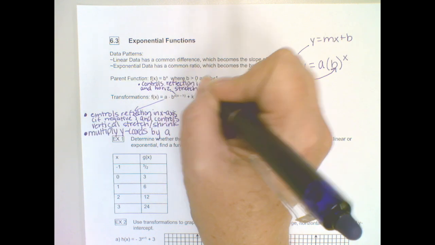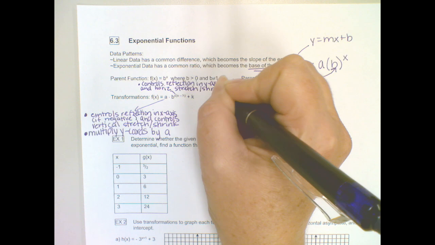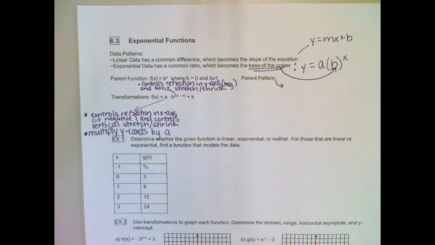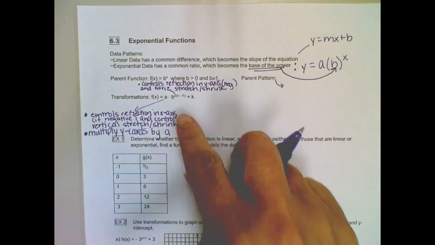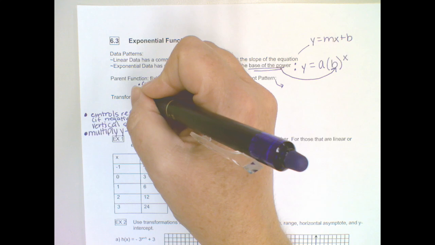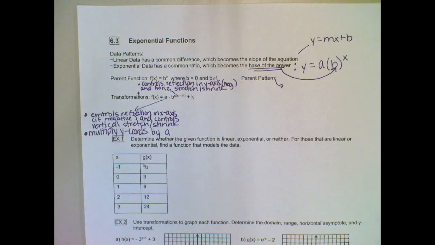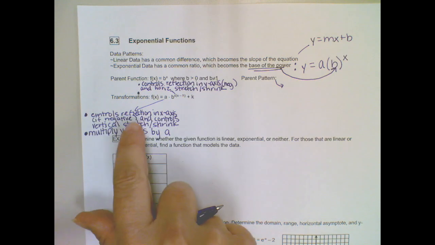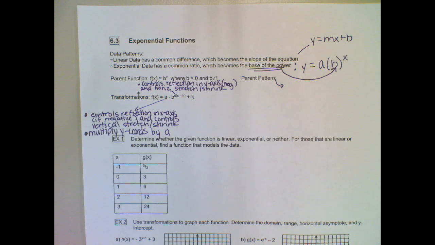Remember that it is the opposite idea as with vertical. So values bigger than 1 are a compression. Values between 0 and 1 are a stretch, which is the opposite of what is true here. And you can go back and look at your original transformations notes because all that still applies.